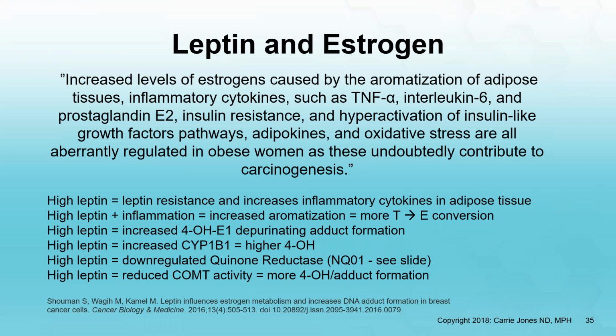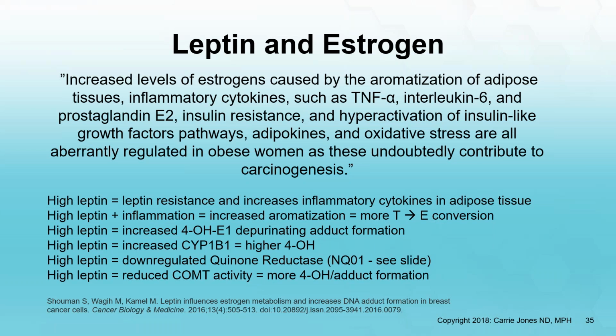That's everything we talk about with inflammation, all aberrantly regulated in obese women, as these undoubtedly contribute to carcinogenesis. So what is the point of this? The point is, if you have all this extra fat tissue, then you're going to have elevated leptin plus all these inflammatory markers, insulin resistance, and all of these things contribute to a path of potential carcinogenesis.